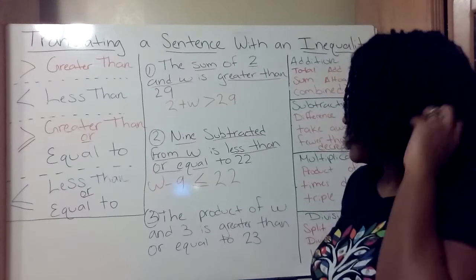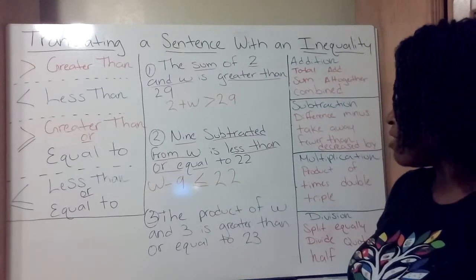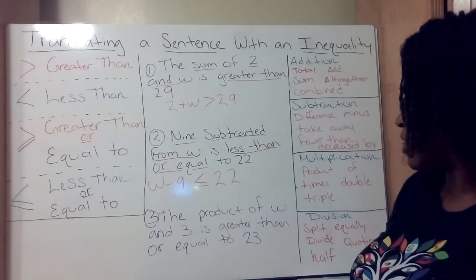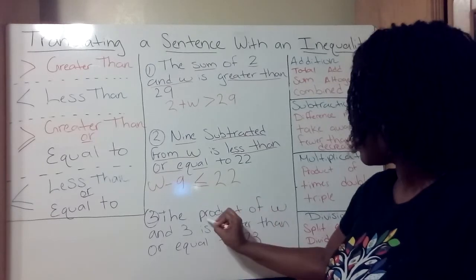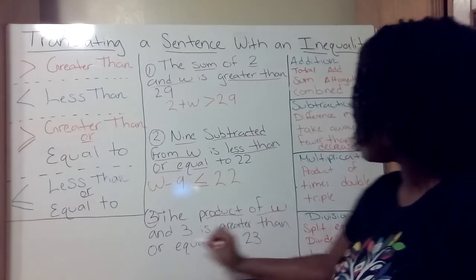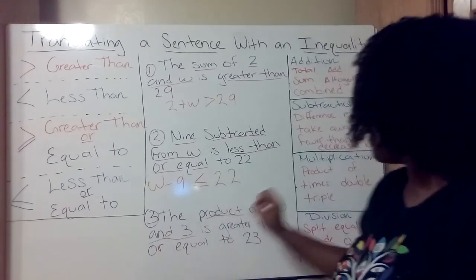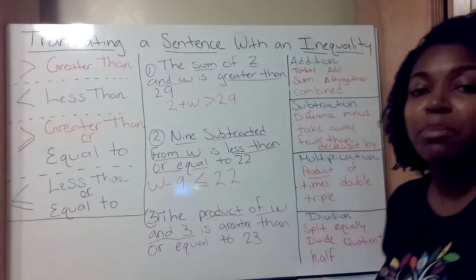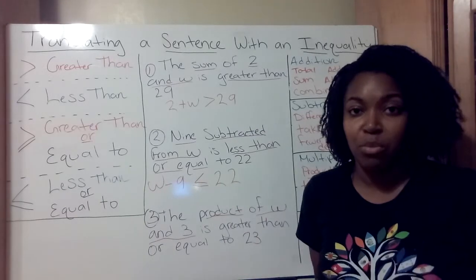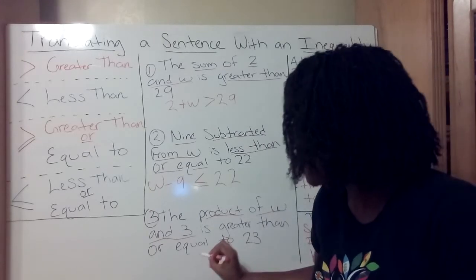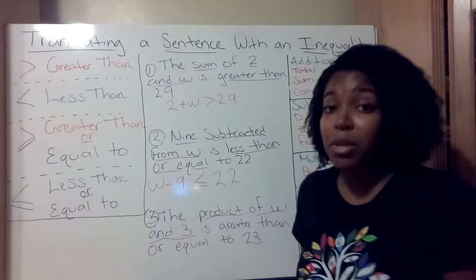All right. So the product of W and 3 is greater than or equal to 23. All right, so the product of W and 3. So I can see product right over here. That falls under multiplication. That's what that translates into. Product is a word that is an indicator of multiplication. So I can write W times 3.